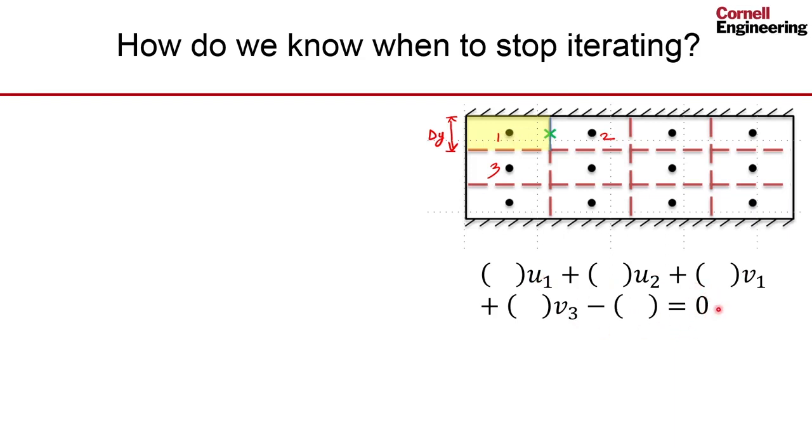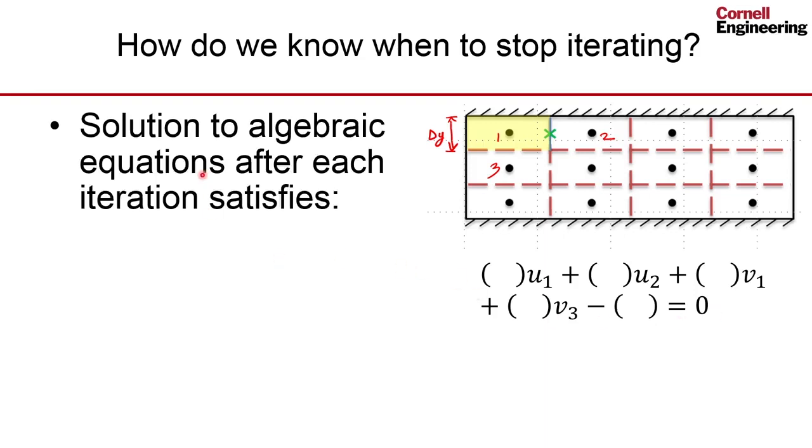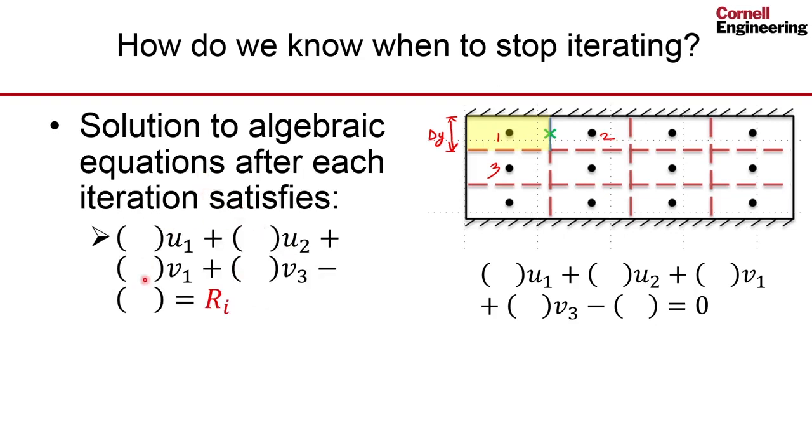That would all equal zero, which means that the mass entering would be equal to the mass leaving in a discrete sense. But after each iteration, I don't have the exact solution to the algebraic equations. I have an approximate solution. And so my solution after each iteration will satisfy an equation that looks like that. That is, if I take my current solution after any iteration and plug the corresponding values into the left-hand side, the right-hand side will not be equal to zero.